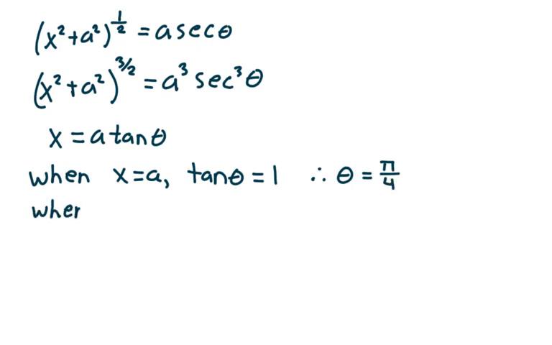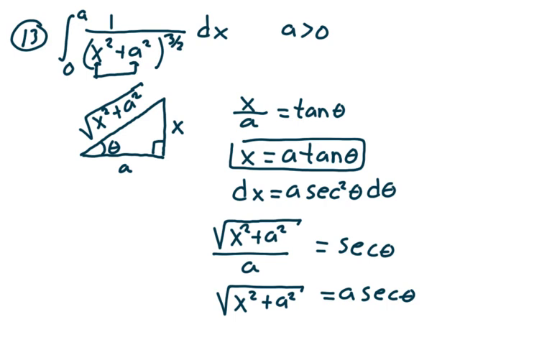When x is 0, tangent theta equals 0. So that says theta equals 0. Because why did I do that? Remember, these limits right here are in terms of x. And what we're trying to do is transform the entire integral to an integral in terms of theta. But that must include the limits also.